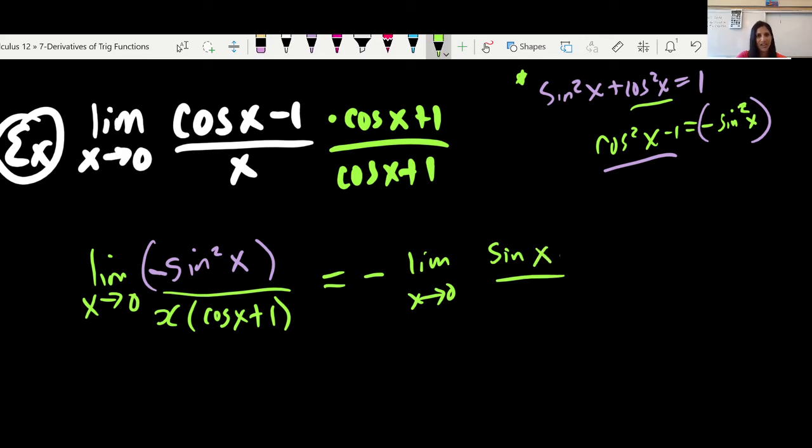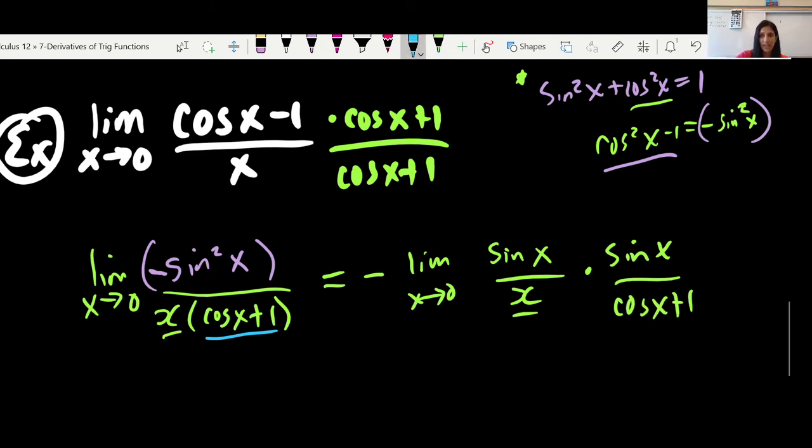Do you see that I could change that? Instead of sine squared x, I'm going to separate them just like before. Sine squared x is just sine x times sine x, and then I can separate it by putting the x down here, and I can take this cos x plus 1 and put this over cos x plus 1.